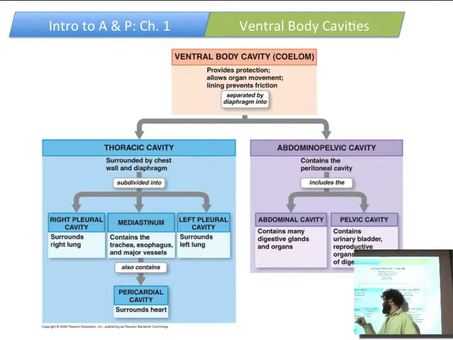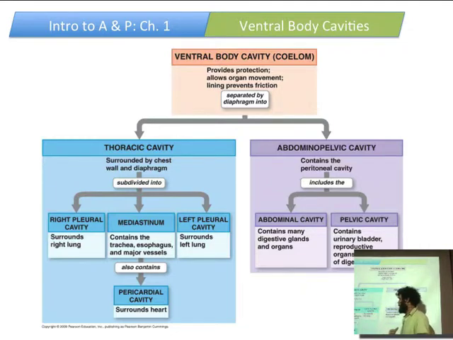There's the right and left pleural cavities. These are the areas where the lungs are kept. Has anyone heard of the term pleurisy? We'll get to that word in a minute. And then between them is the mediastinum. Media, in between, sternum, in the middle of the body.